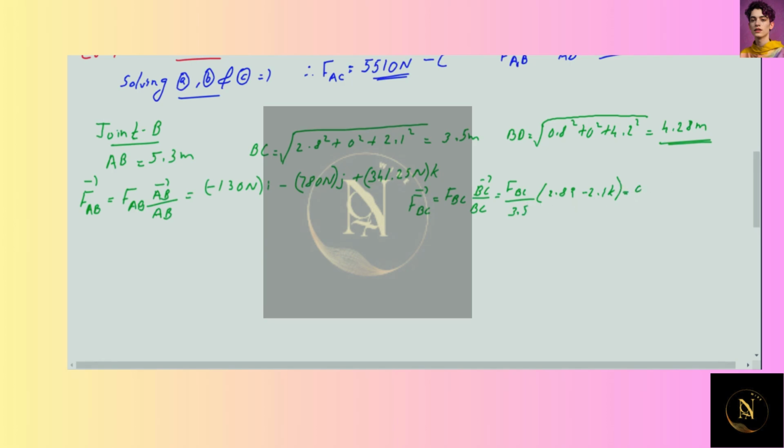After dividing it, you will get 0.8 I minus 0.6 K times FBC. And about FBD, the FBD vector is actually the magnitude of FBD times its direction.